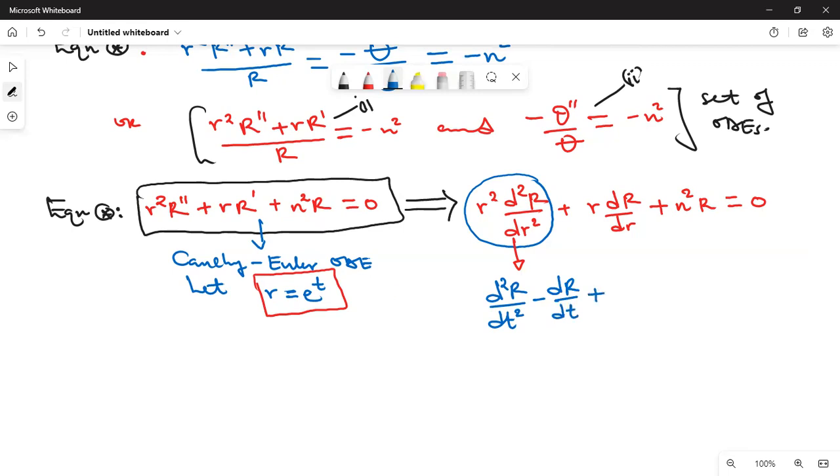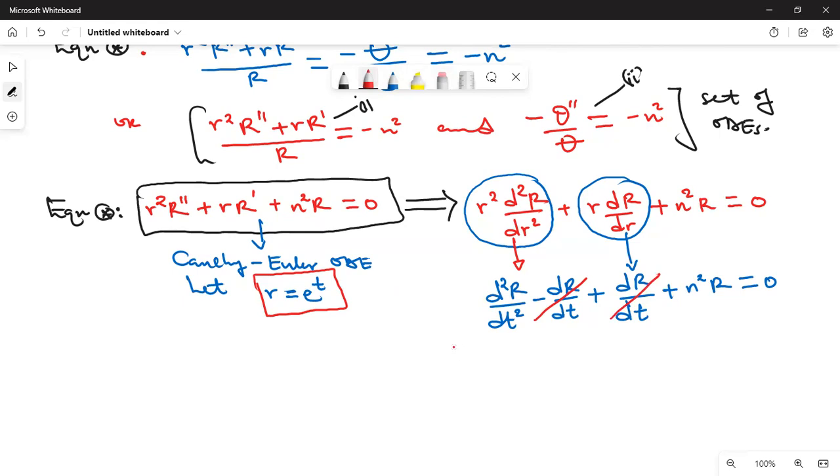Then plus, what about this other derivative? That will give us dr dt, plus n squared r, where r here is a function of t, equals 0. And you can now simplify. This will cancel with this. So I only have d squared r dt squared and then plus n squared r.